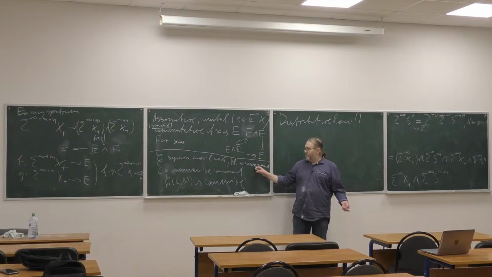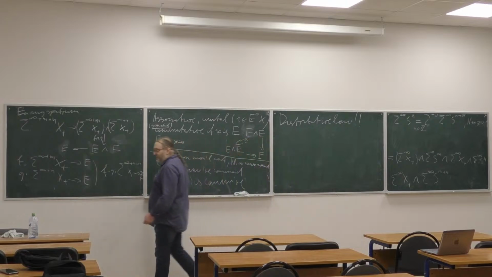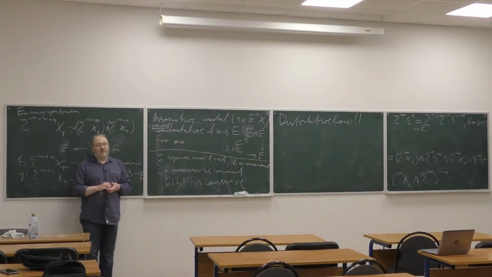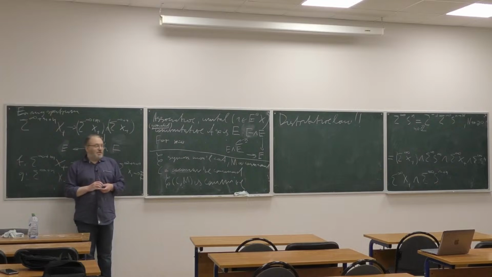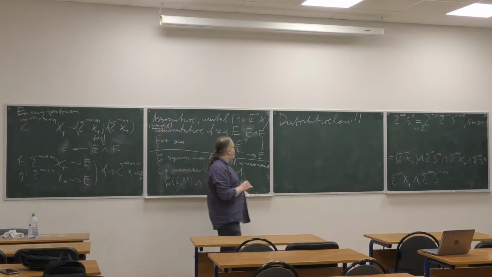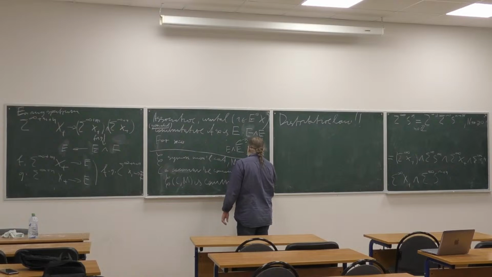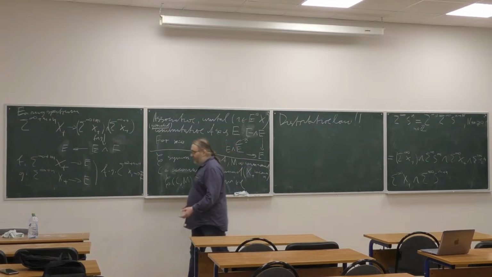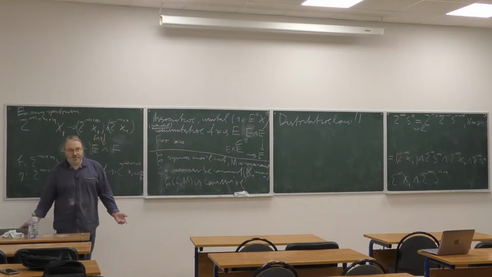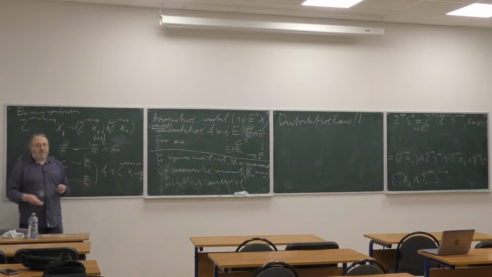M is a commutative monoid, very well, but I also need C to be a co-commutative comonoid, which basically follows from the fact that x plus for every space x is co-commutative.